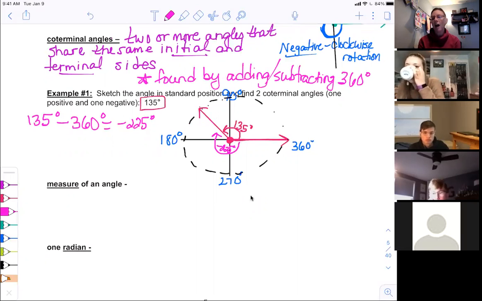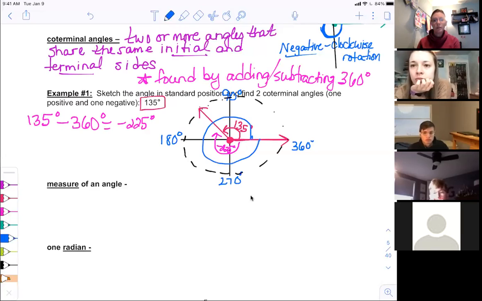An angle doesn't stop at 180 degrees. So to get a second angle, I would start at my initial side. I could rotate all the way around the circle. And then I can finish that rotation to go to the terminal side of the angle. So an angle can be bigger than 360 degrees.